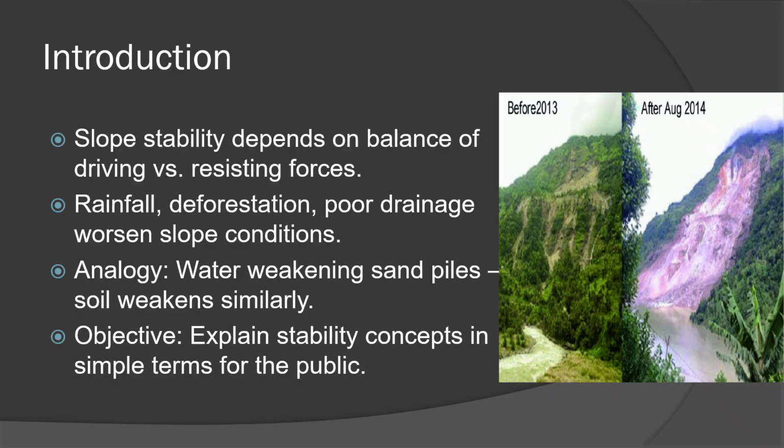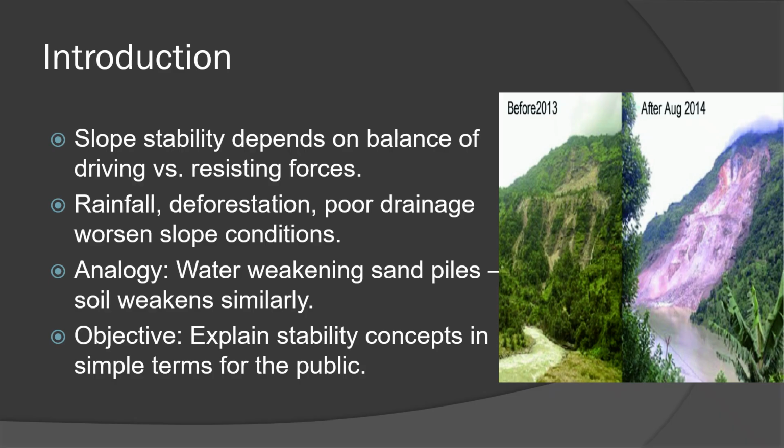Okay, to give you a real world example, take a look at these photos. On the left, you see a healthy green hillside before 2013. On the right, after August 2014, you can see the devastation caused by a massive failure. So why does this happen? It's really a battle between gravity and the soil strength. Things like heavy rain or poor drainage tip the scale.